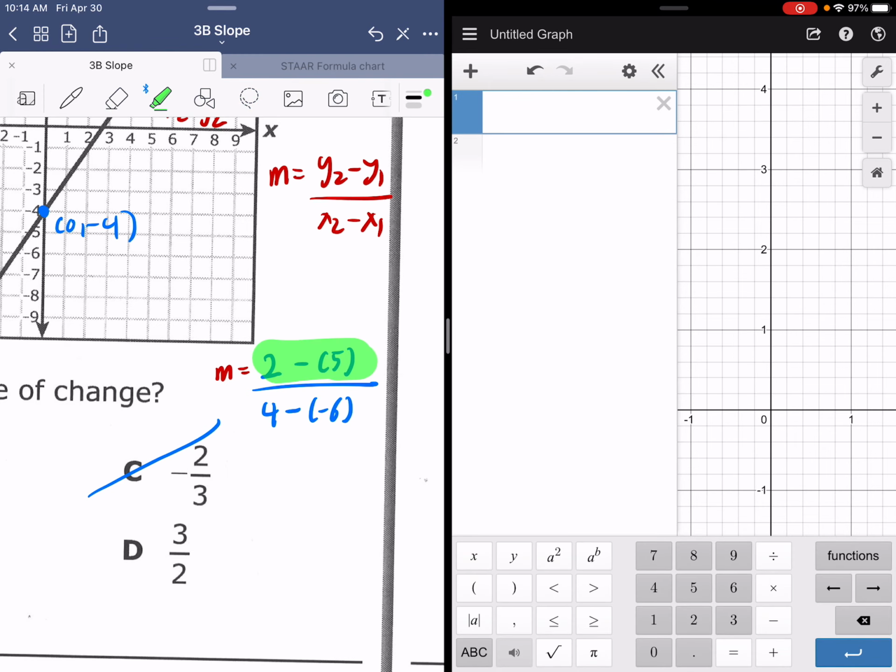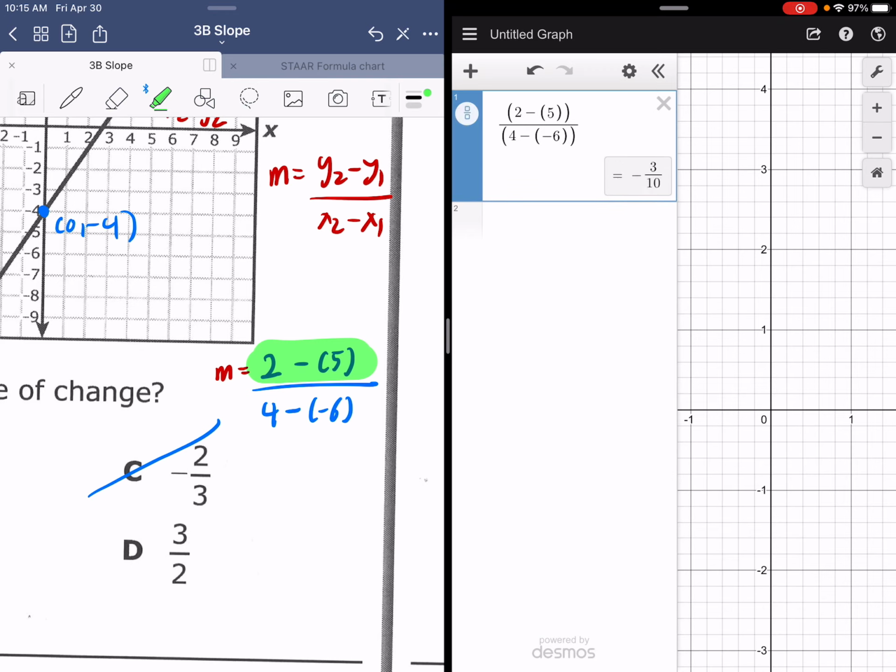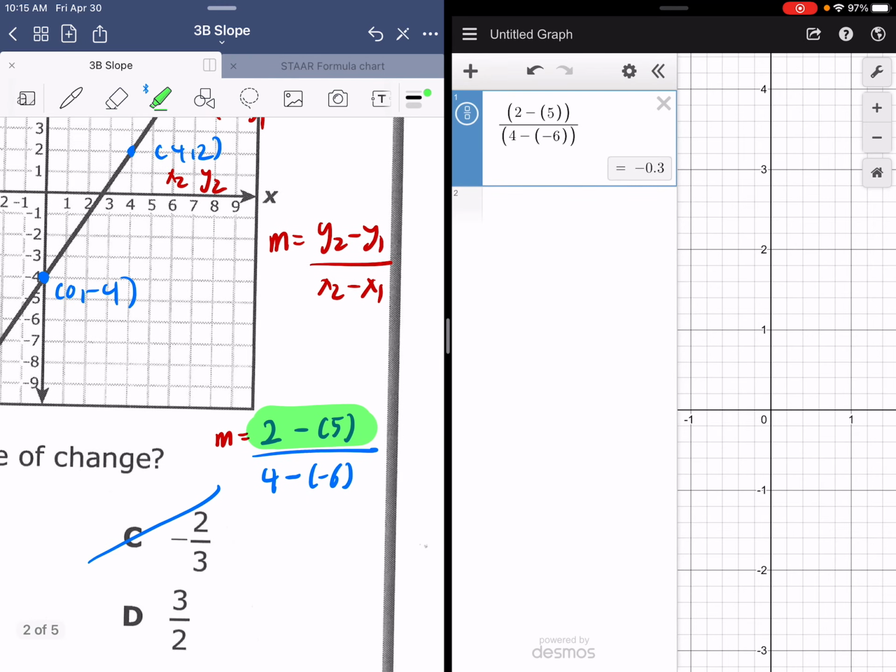When you put in the top part, always put parentheses first. 2 minus parentheses 5, divide by 4 minus parentheses negative 6. You get negative 0.3, which if you change it, wait, where did I get 4 from?